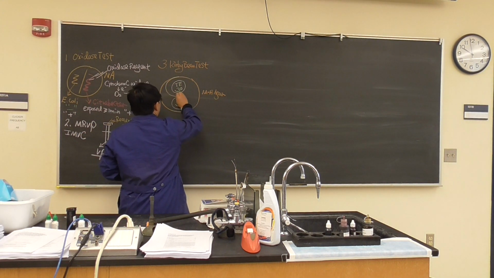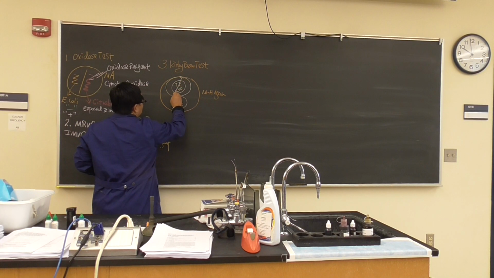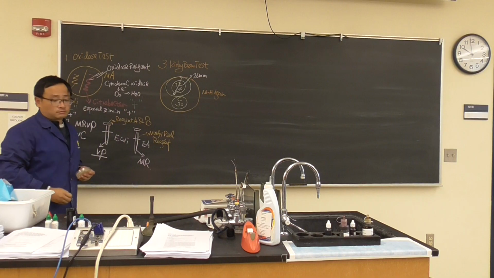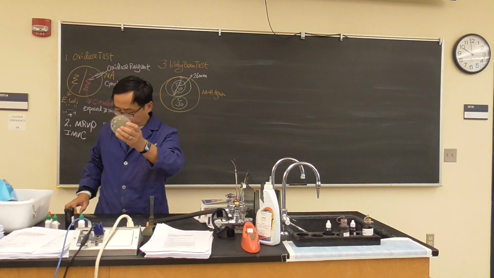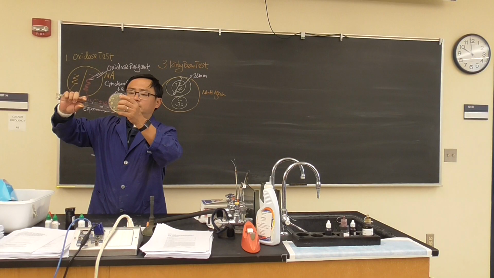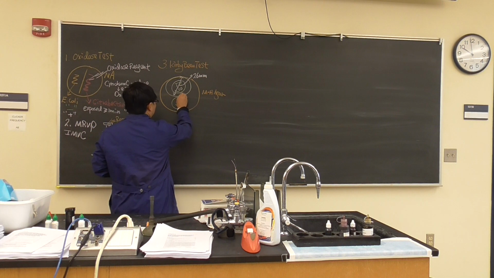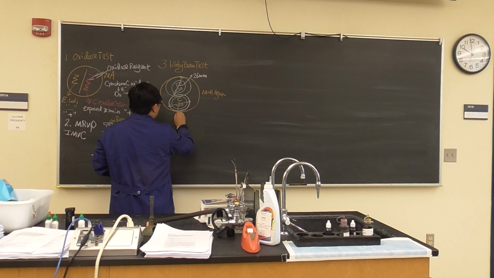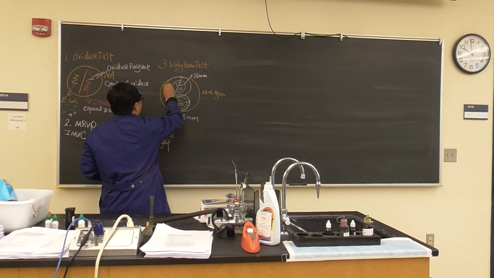This transparent zone is 26 millimeters. Okay, for chloramphenicol, we get about 15. So this is a little bit small, about 15. Obviously in the other places, it is all bacterial growth.